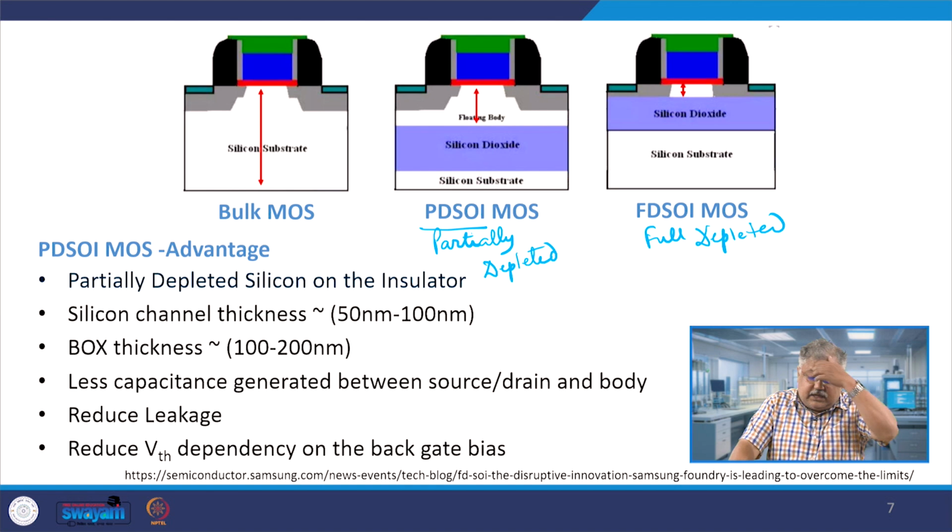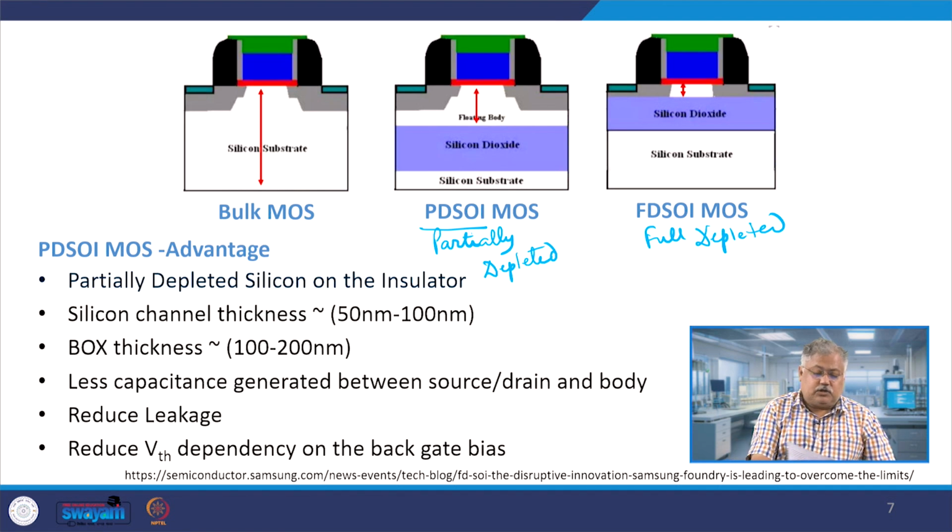As you can see here, in the case of fully depleted, you have the silicon substrate at the bottom, but in the case of partially depleted, you have the silicon dioxide, then you have a floating body at the top, and then you have the metal layer available. So these are the two types of SOI devices which are available.